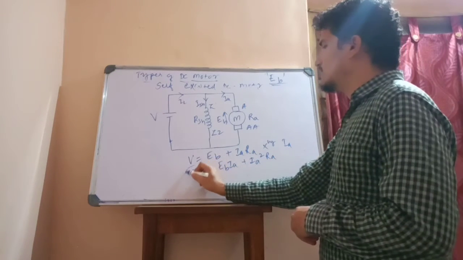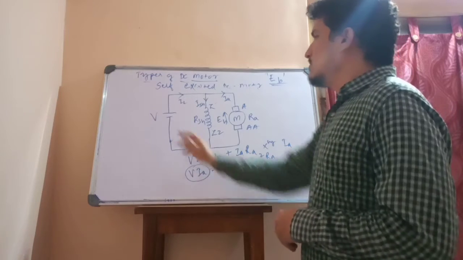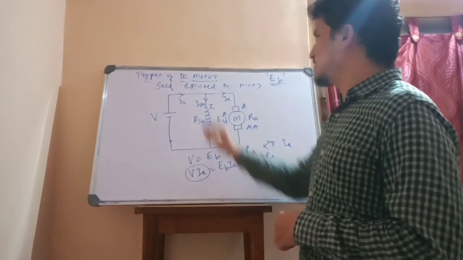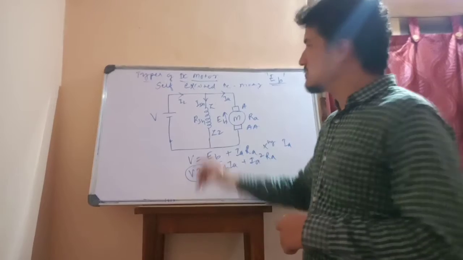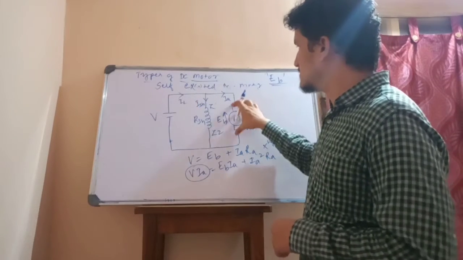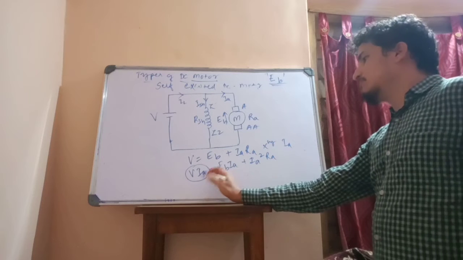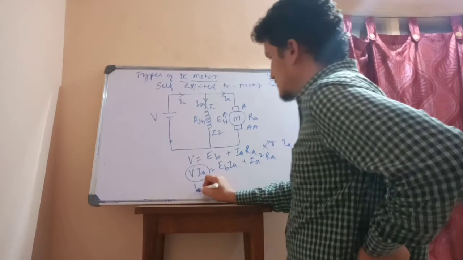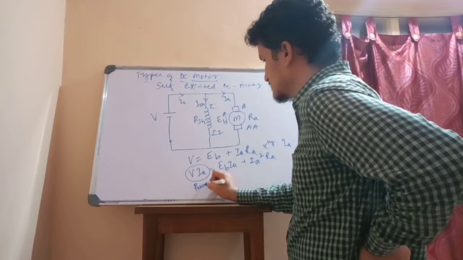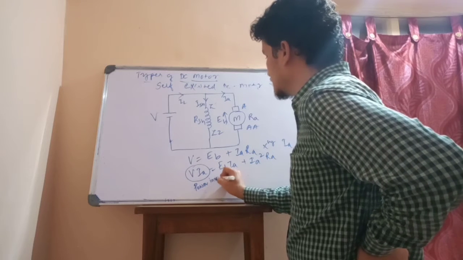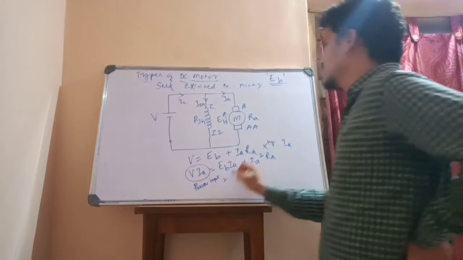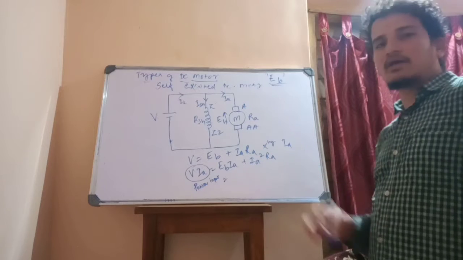What is this V into IA? Terminal voltage into armature current. That is the power input. What is EB into IA?